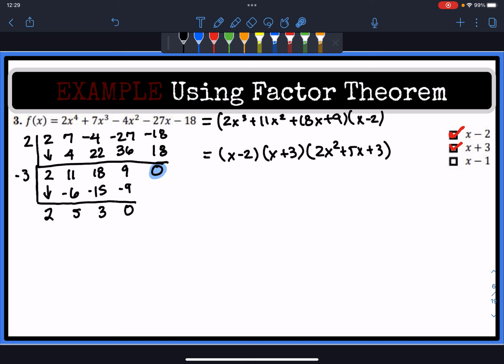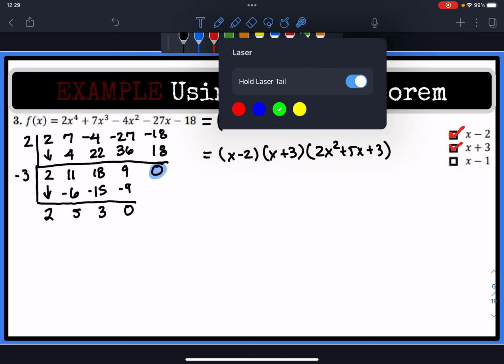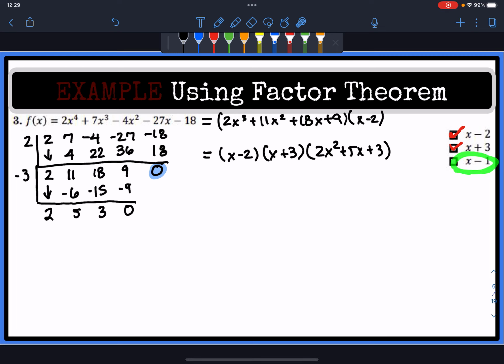So to verify and check if the last binomial is a factor to f of x, I can again just simply use my answer. Instead of using the original one, I can simply use my answer, because by the division algorithm, I know that these three multiply to give me that. So if I look at my quotients, the last answer I got, and check if x minus 1 gives me 0 as a remainder, then I will also know that x minus 1 is a factor.